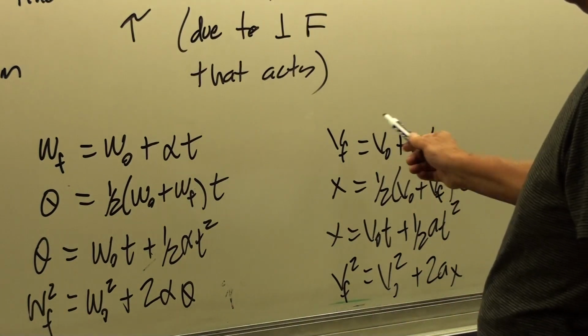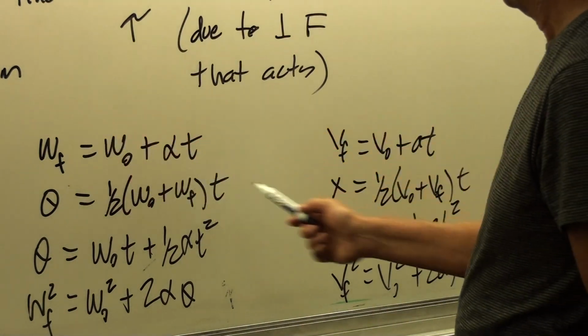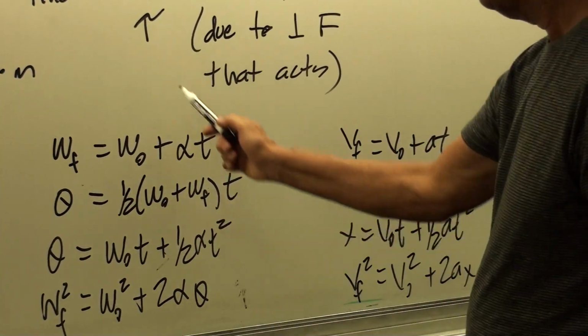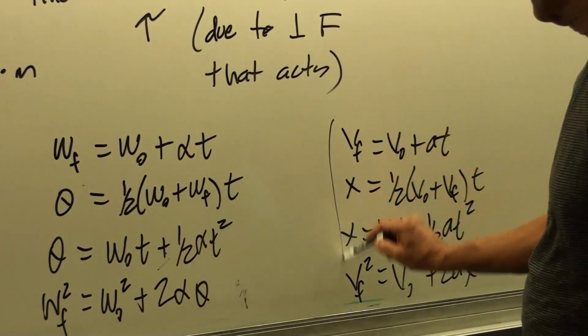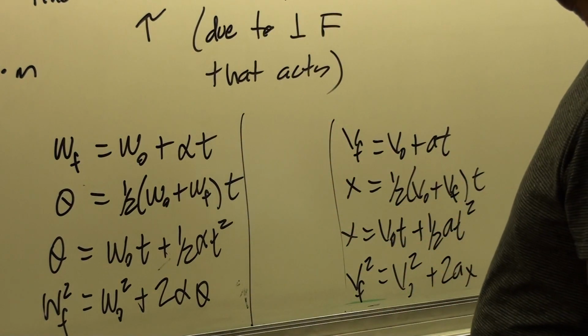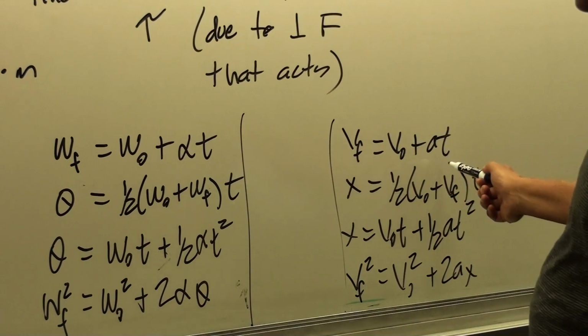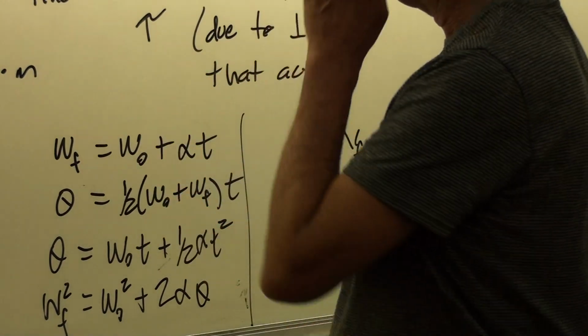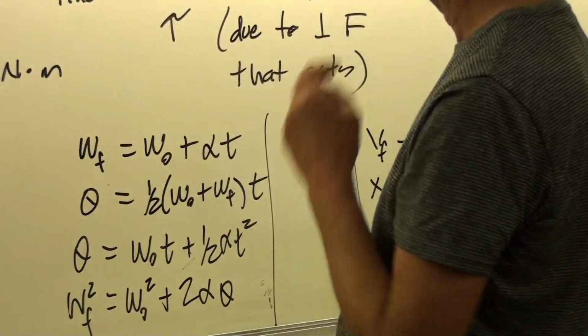So notice here that the V was replaced by omega, the X by theta, and the A by alpha, and if you hadn't noticed that before, that gives us an exact correspondence between our rotational kinematics equations and our linear kinematics equations. But here, we're just interested in finding delta theta.